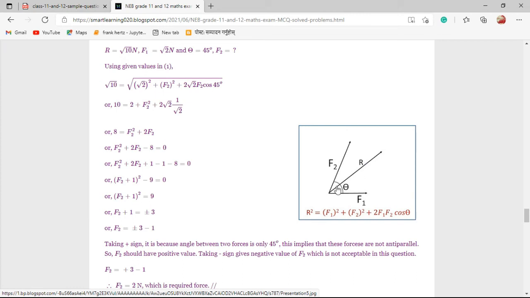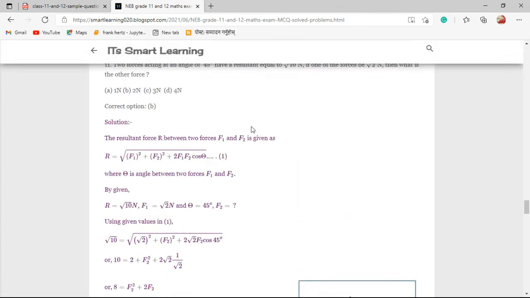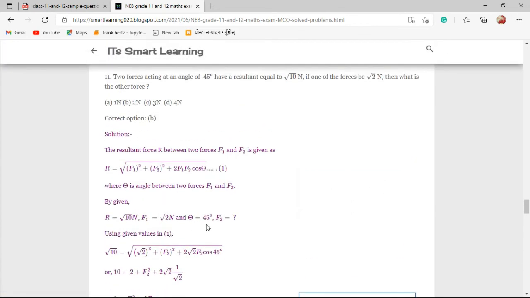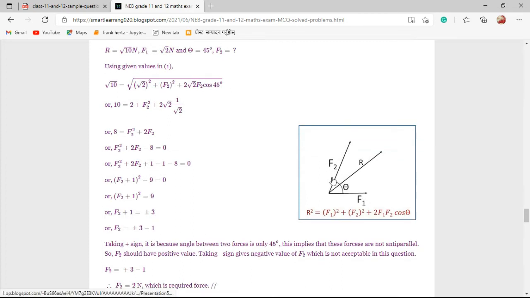Why is R in this direction? Because the two forces act at 45 degrees. This means this angle is 45 degrees, and as they are not in opposite directions, the resultant also lies between these two forces, so its direction should be such that the resultant makes an angle with the first force.